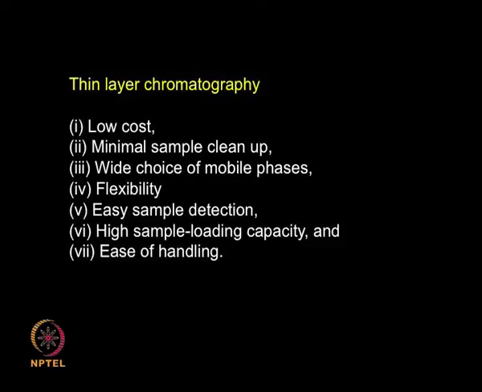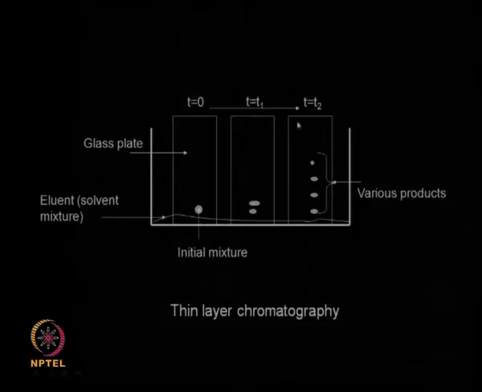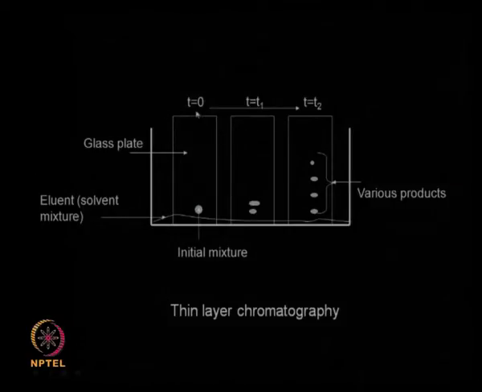So a synthetic organic chemist, if he is preparing something in his lab, immediately he checks whether the product has formed, whether intermediates are formed by using a TLC, thin layer chromatography. So what does he do? He has a glass plate, and then on top of the glass plate he has coated silica.